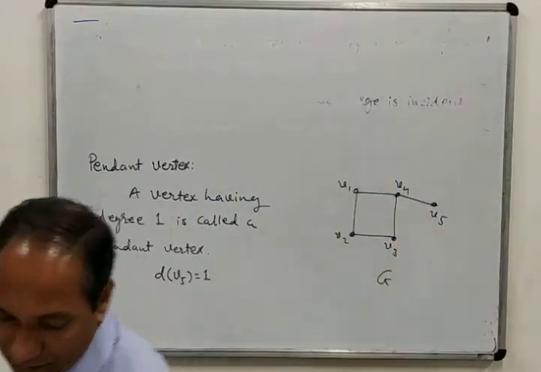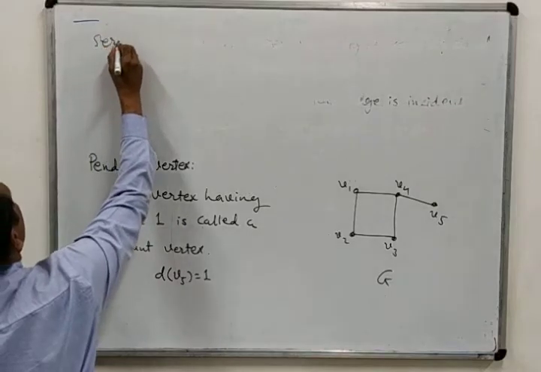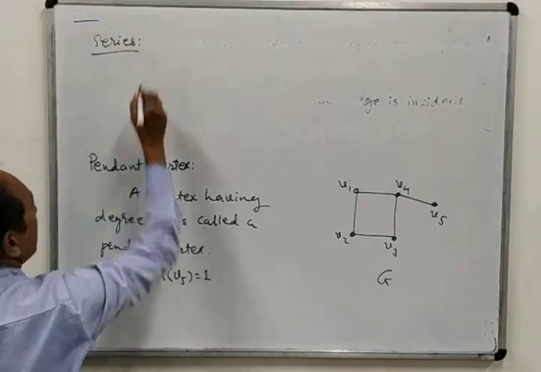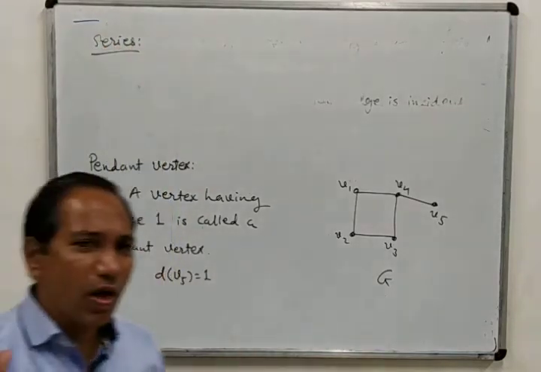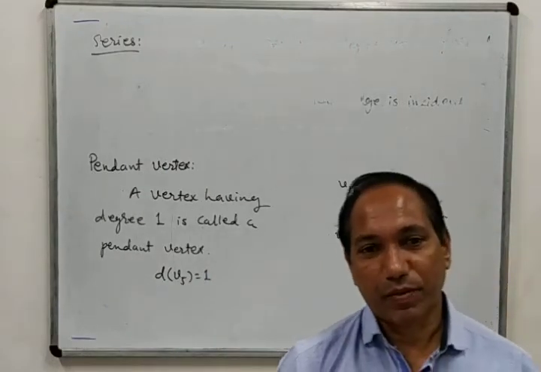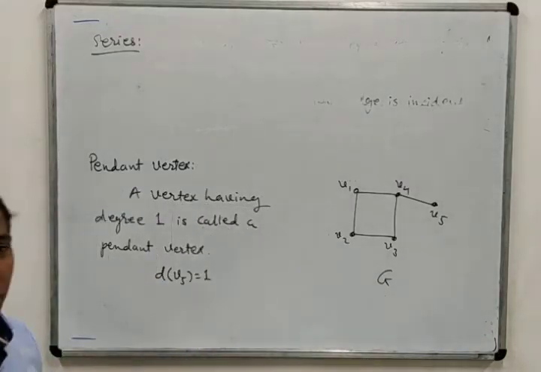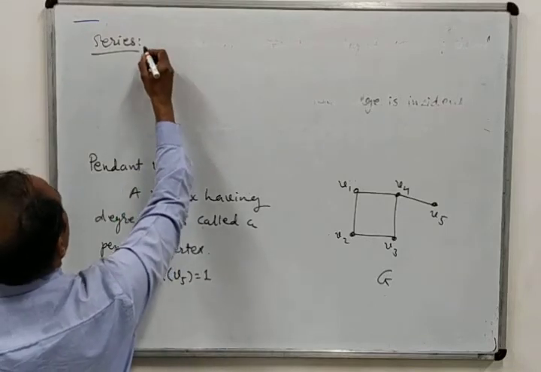Now let us see another definition. Series. This is also a very simple definition. So once you remember all these definitions, then in graph theory, every theorem is very easy to prove and every example is very easy to solve. So series means that we are talking about edges here.